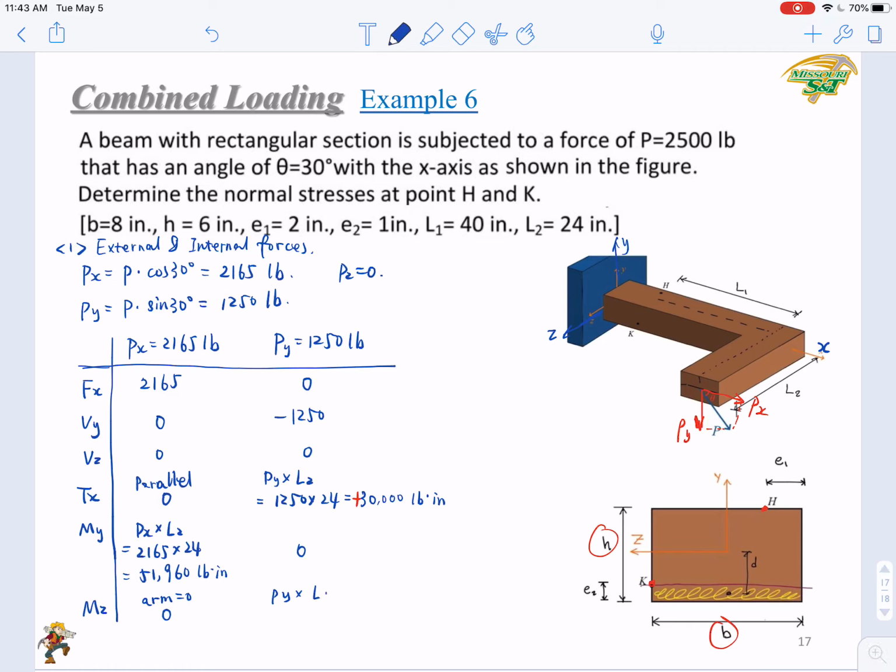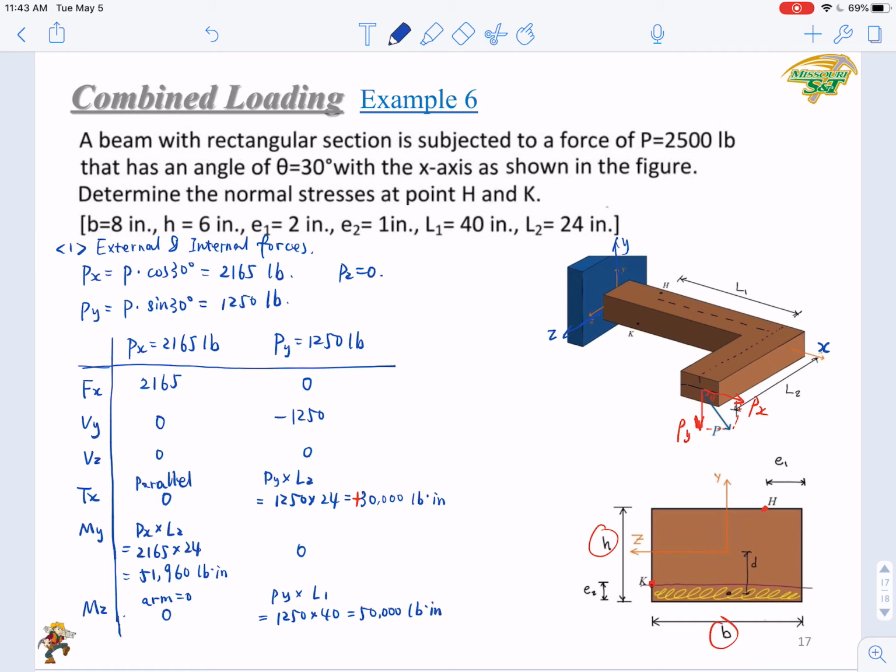This time is L1, right? So this is 1250 times 40. You get 50,000 pound-inch.